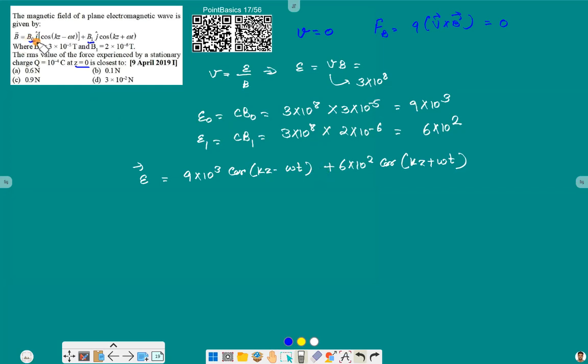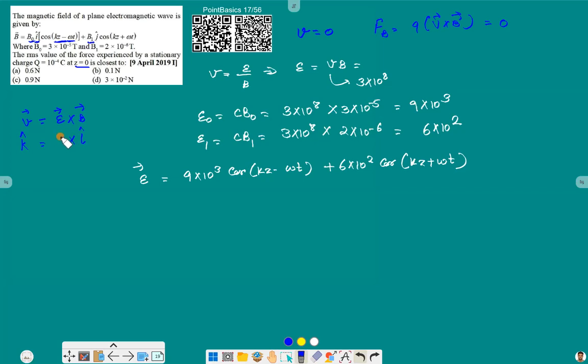This magnetic field is in the i direction, and that wave is traveling along the positive Z direction. So we know that V is equal to E cross B. For the first one here, the wave is going along the positive k direction, and we have the magnetic field along the i direction.